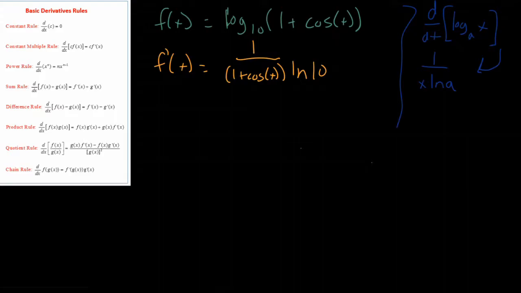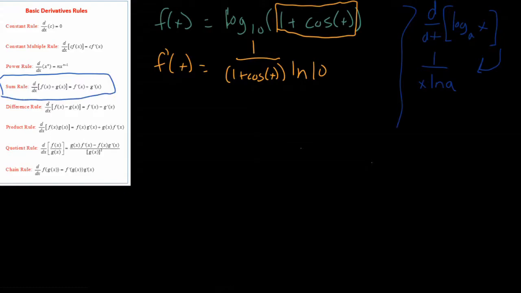The important thing to remember when you're using the logarithm function is that this is a chain rule derivative, because you're taking the derivative of the outside, but you can't forget to also take the derivative of the inside. Whenever you take the derivative of the inside here, you're going to be taking the derivative of 1 plus cosine of x, and you get to use our sum rule.